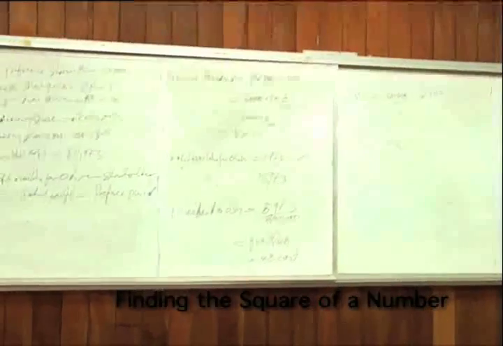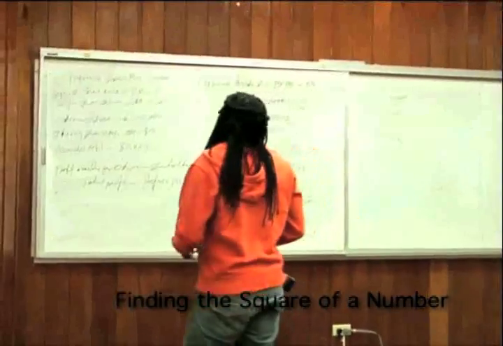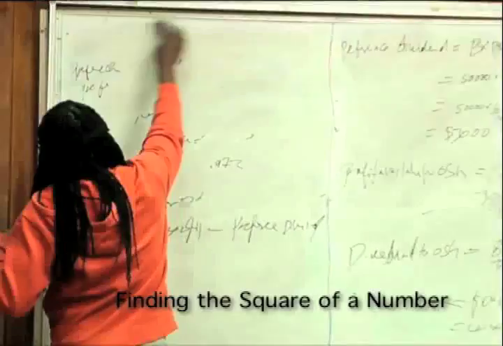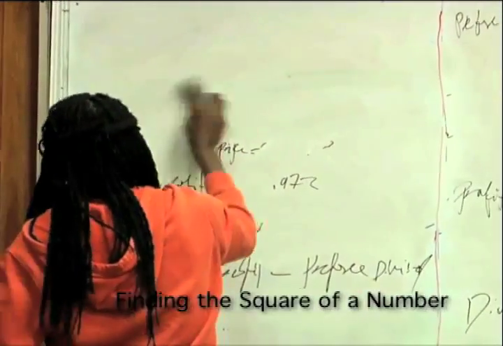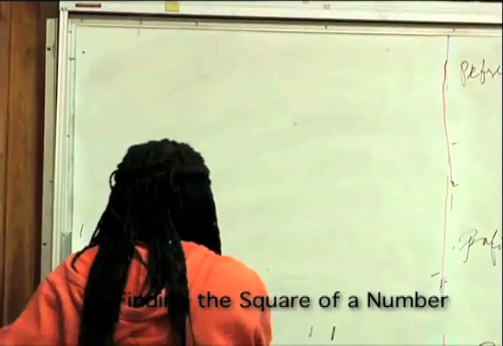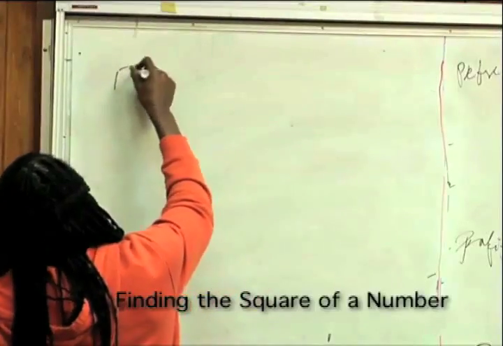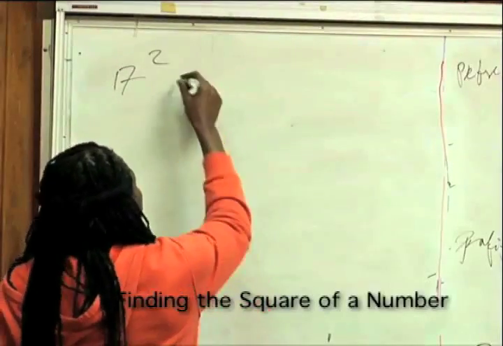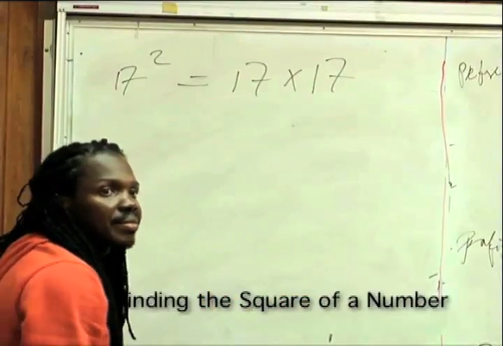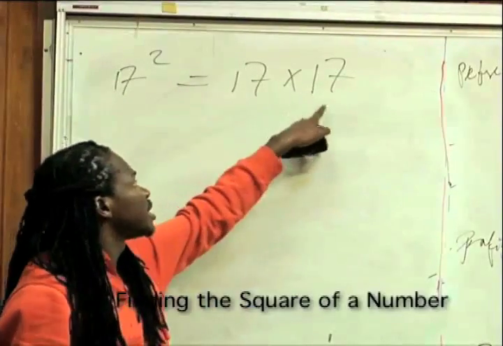So once you see an index, give me a number. 17. 17 squared: you simply write 17 two times and then you put the multiply sign. See that? 17 squared is 17 times 17.